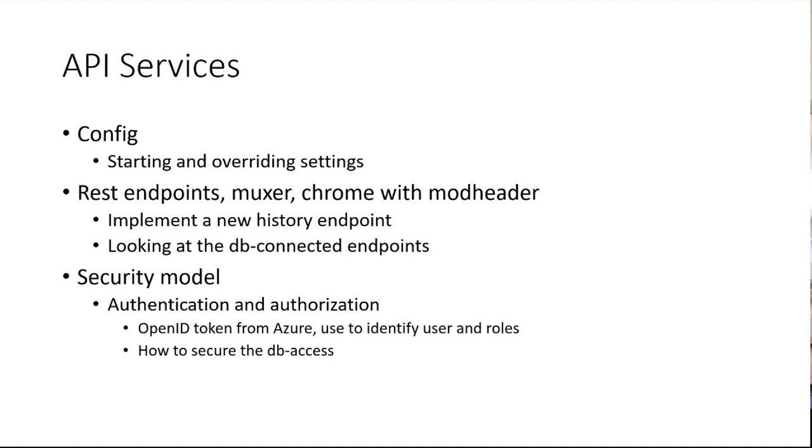I was going to show how we implement a new endpoint. It's a completely bogus endpoint, but just for the sake of how, if we want to add some functionality in the system, how would you do that?